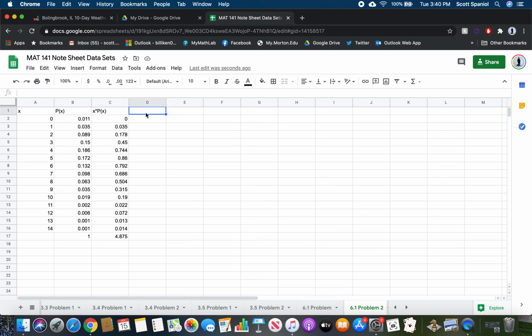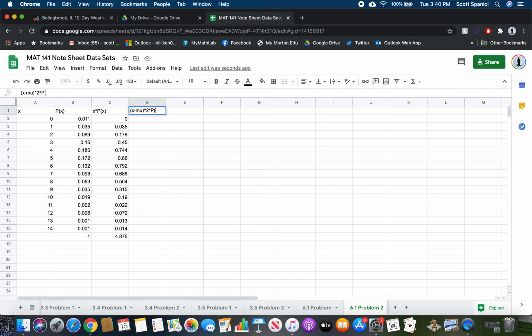And then if we want to do the standard deviation, we do the square root. And this one's a little harder to write out, but we do the square root down at the bottom. Well, actually, what we want here is x minus mu squared times P of x. Okay, that is what's going in this column.